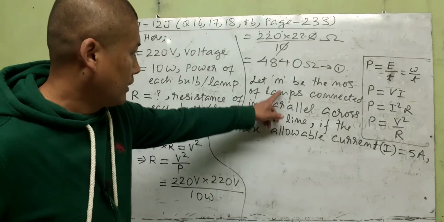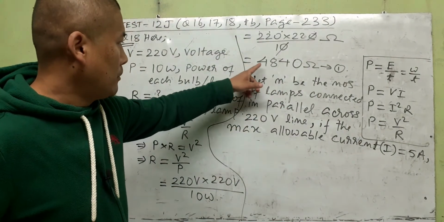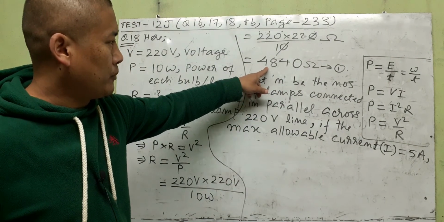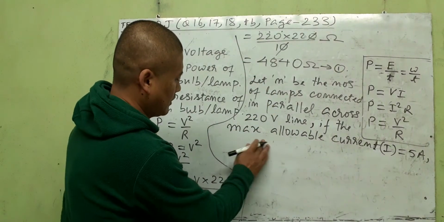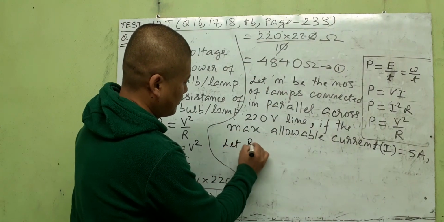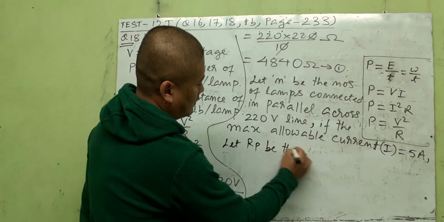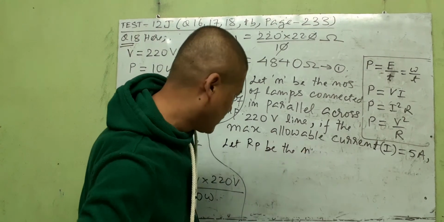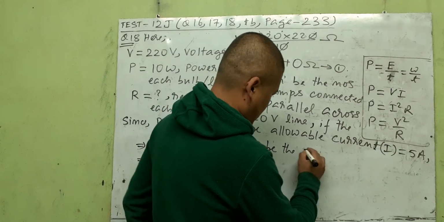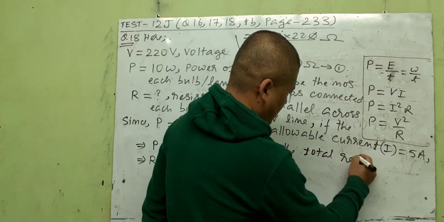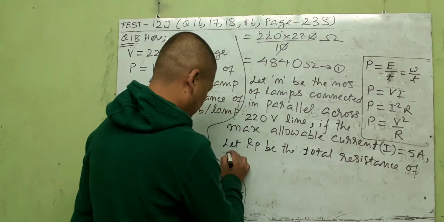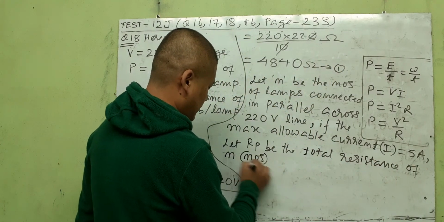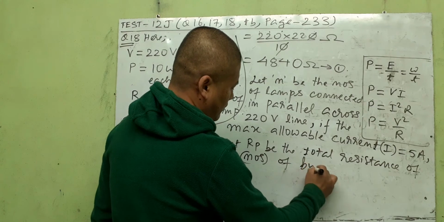So since n number of bulbs, each having 4840 ohm resistance, is connected in parallel, we don't know how much n is, so let Rp be the total resistance of n numbers of bulbs or lamps.